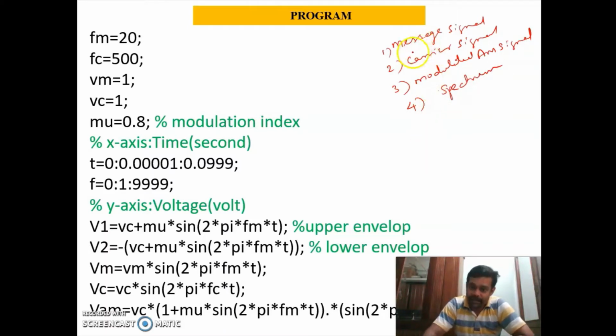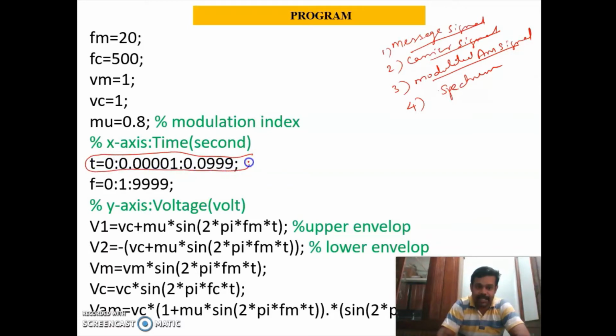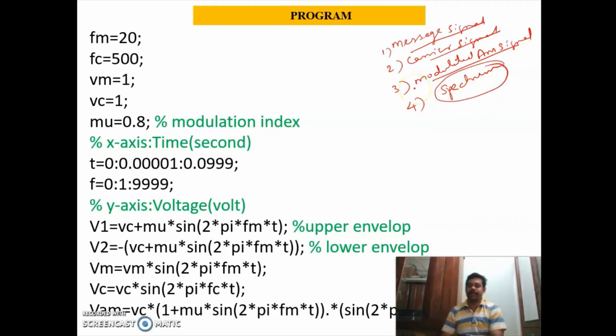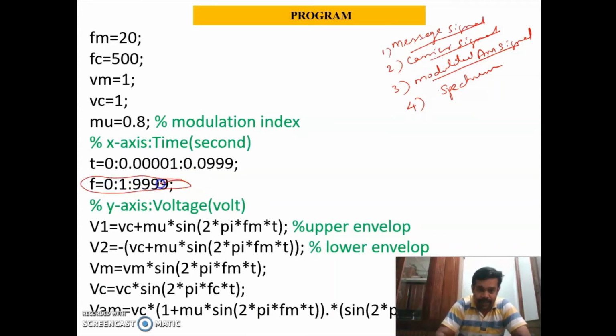For the message signal, carrier signal, and modulated signal, the x-axis is time. For the spectrum, the x-axis is frequency. So we are defining the frequency and time.